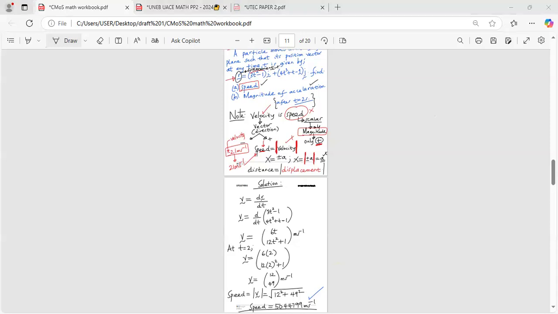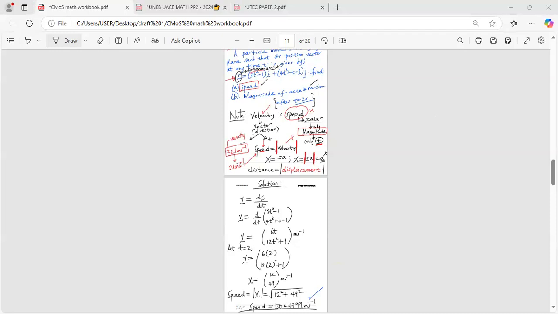So any questions about how speed has been calculated? It's just a matter of substitution. No meaning, just substitute. Yes, after t equal to 2, that means t is 2. Calculation is okay.